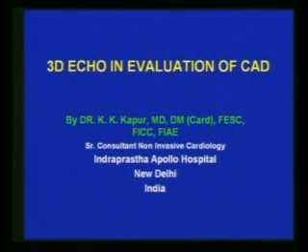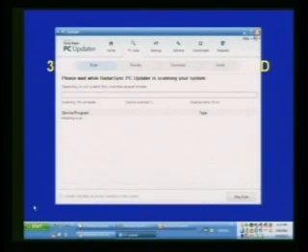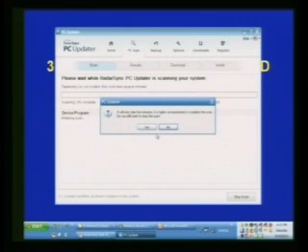I'll be speaking first on the role of 3D echo in the evaluation of coronary artery disease. I'll just take this out. Sorry for this. I was chairing the session and then I had to speak directly. Didn't get time to adjust this.